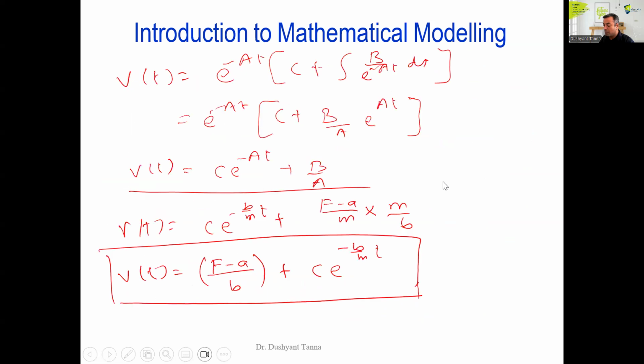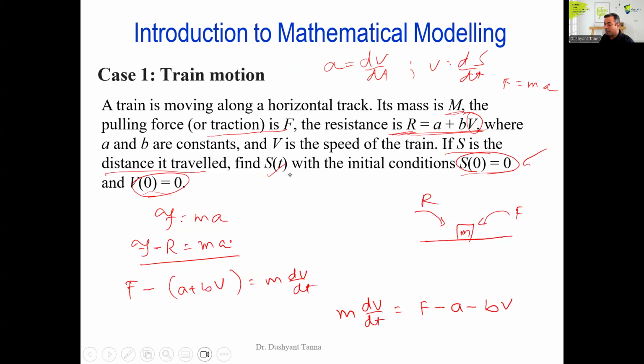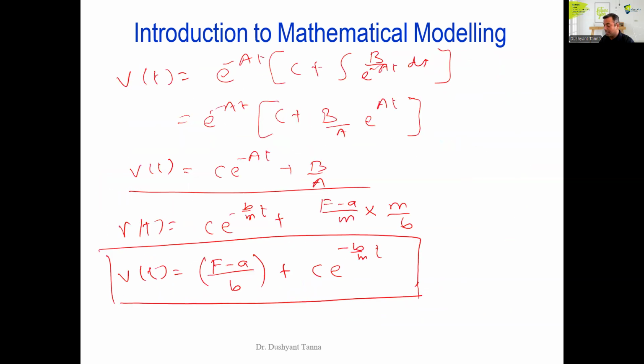First of all, our goal is to find S. So first we will start with V. V is again, as we know, ds by dt. We'll integrate it once, and then again we will have S with an integration constant. We use the second initial condition to find our S. So once the model is set, it is all integration technique, differential equation solution technique, and that shouldn't be a problem, right?